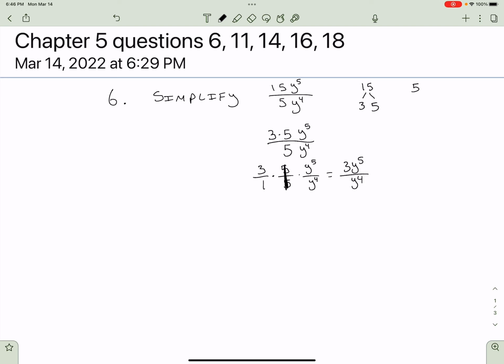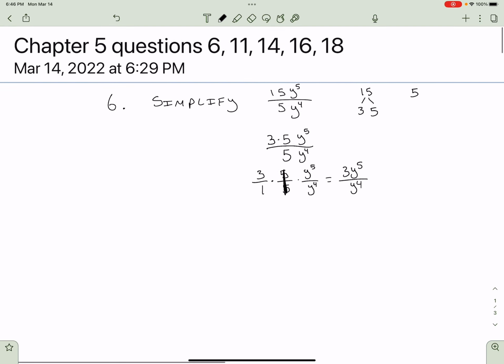Now let's take a look at the y's. So in the numerator, I have 1, 2, 3, 4, and 5 y's over 1, 2, 3, 4 y's that are multiplying.